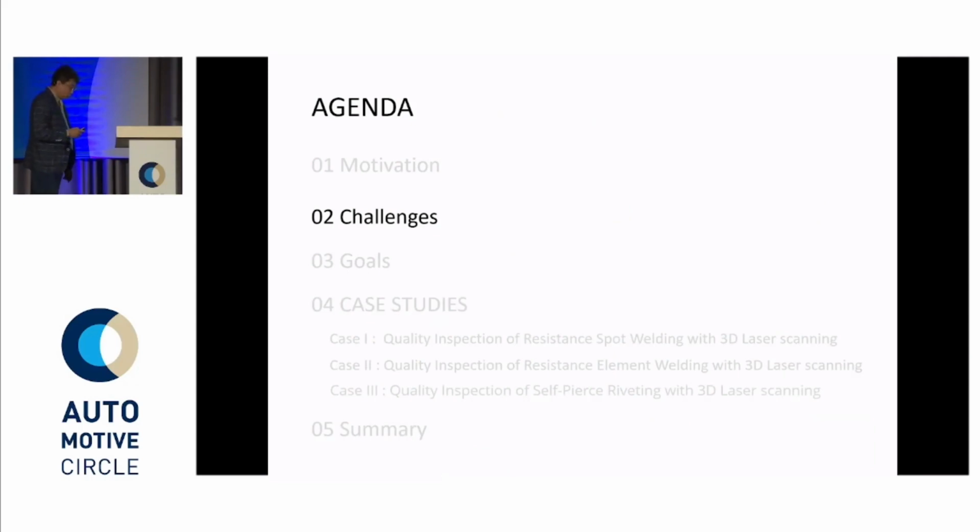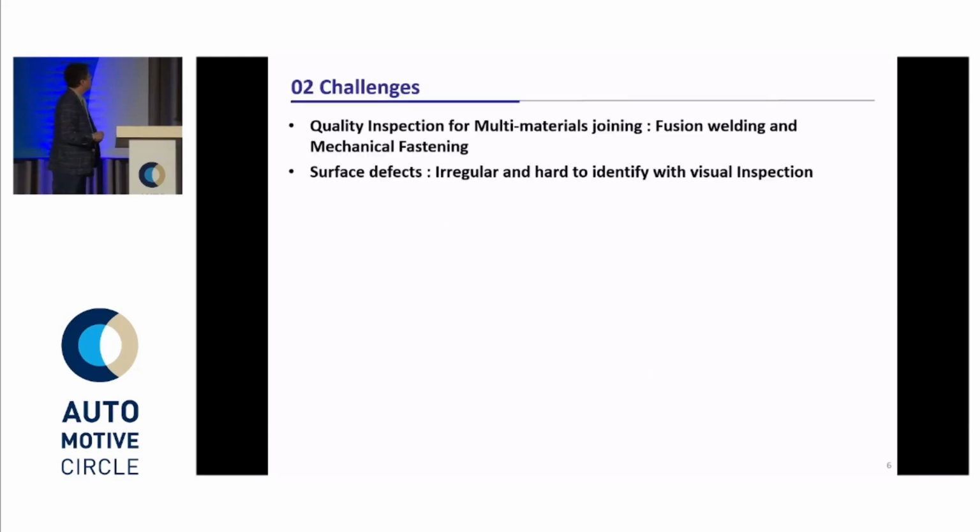So from here, I'm going to address some of the challenges which I faced during the development. The challenges will be the quality inspection for multi-material joining, and also fusion welding and mechanical fastening need to be inspected. And also surface defects are very irregular and very hard to identify with visual inspections.